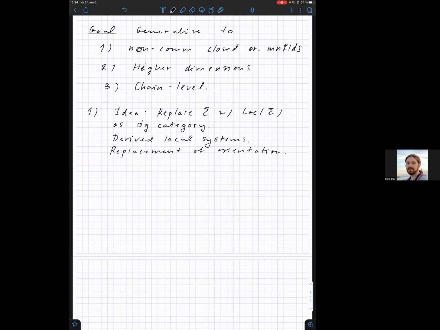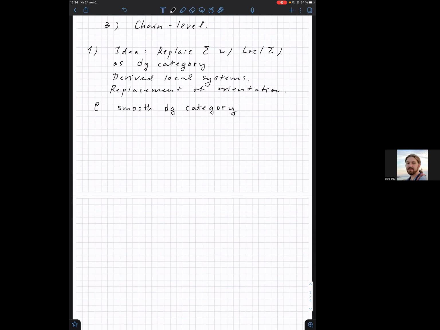And so I want something that's going to work for a general DG category. So C is going to be a smooth DG category. What that means is, for instance, if it's DG modules over a DG algebra, it means the diagonal bimodule is a perfect DG module, has a kind of finite resolution, so to speak.